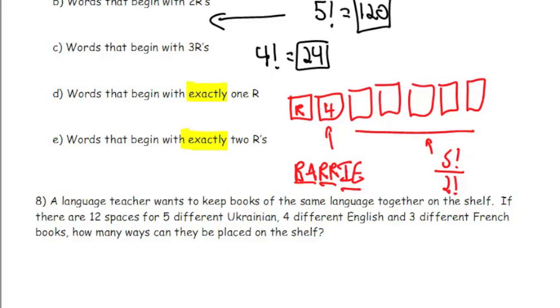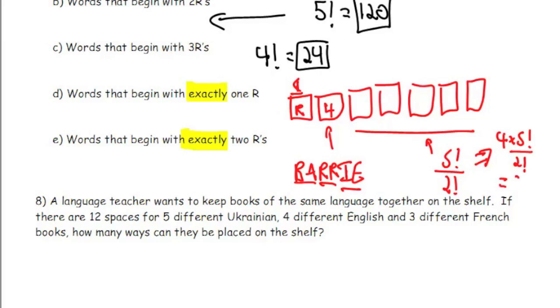From there, though, look what we have. We end up with 5 objects, and of those 5 objects, 2 of them are identical. So this particular section means there's 5 objects, and there's 2 identical objects, so we have to deal with 2 factorial.